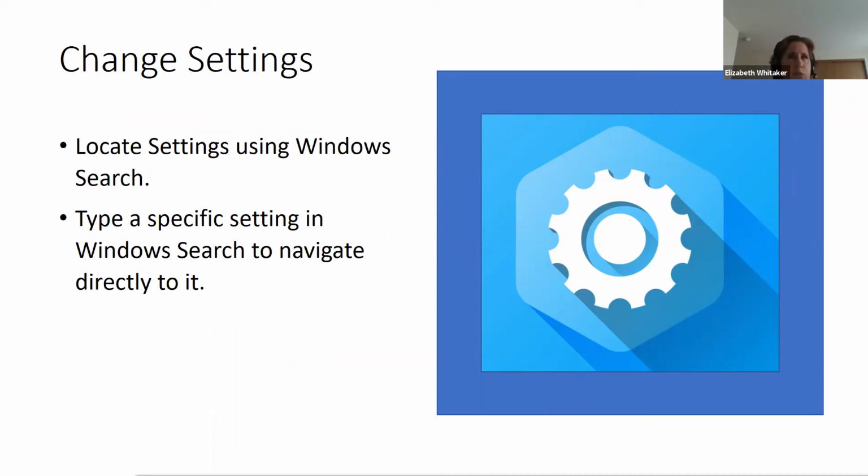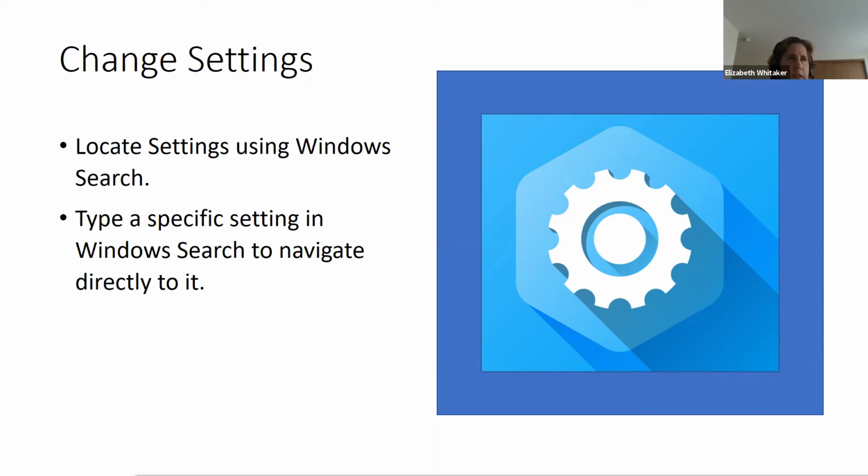You have control panel, you have settings, so you think, well, where do I go for a specific thing? You can locate settings using Windows search, like we talked about earlier, and you can either type a specific setting into Windows search and then navigate directly to it, or you can just type the word settings and it'll take you to the settings app.